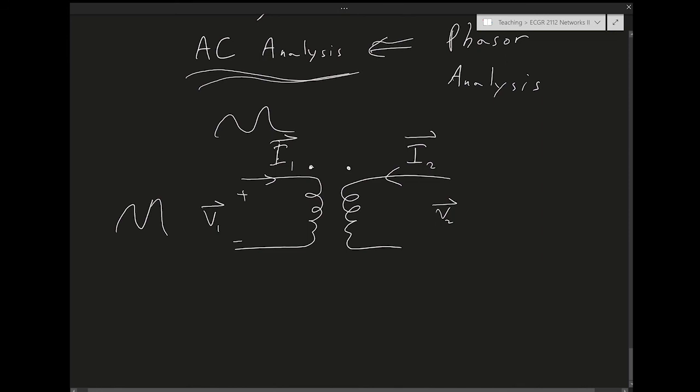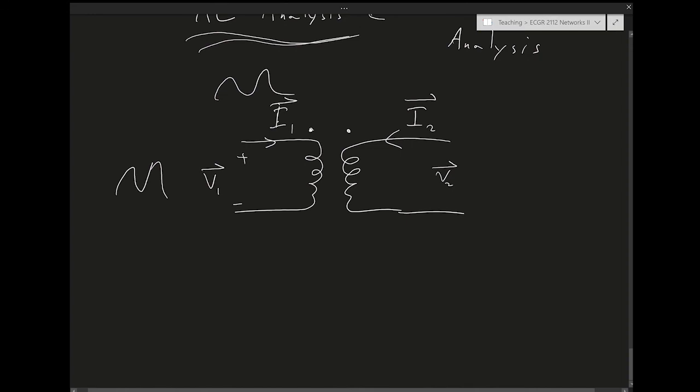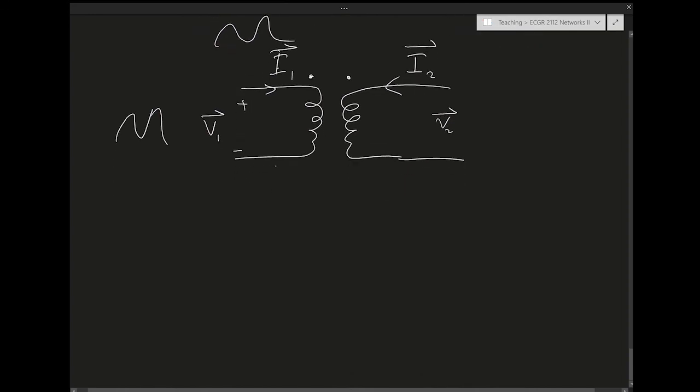So how do we write the mutual coupling equations with phasors? It's very similar to what we did with self-inductance. We have to remember what the phasor notation means. When I write V1 as a phasor, although I'm writing it as a complex number, there is implicitly an e^(jωt) that I have dropped.